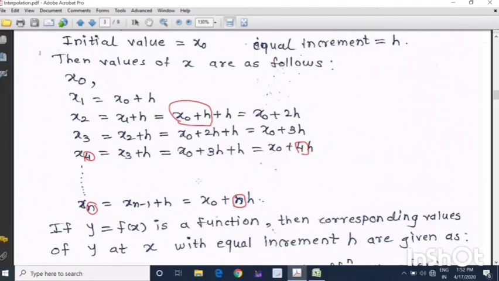So especially suppose if x0 and h is given and the question is that find value of x6, then immediately you can find value of x6 as x6 equal to x0 plus 6 into h. This is the concept of equally spaced, equidistant values of x.